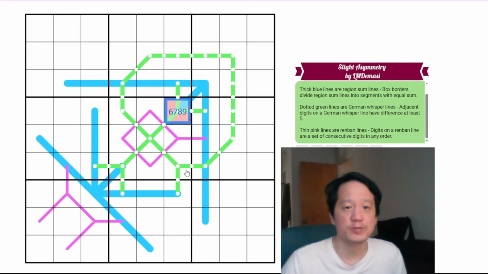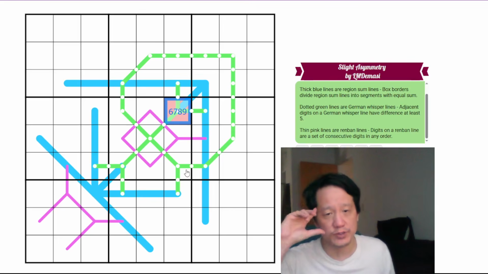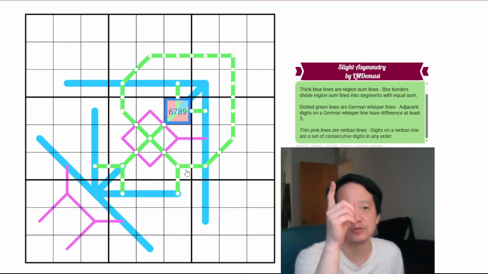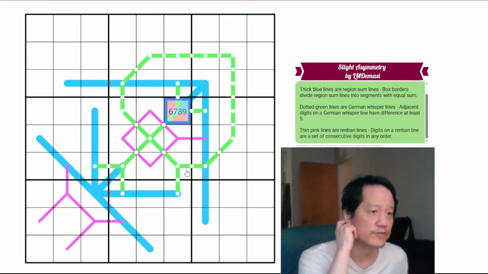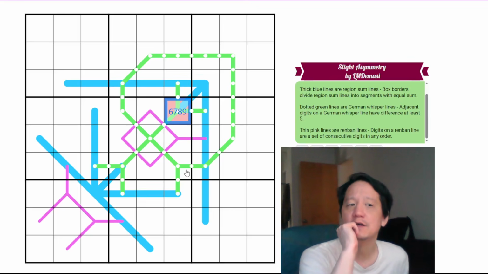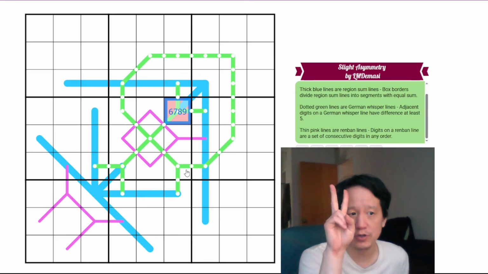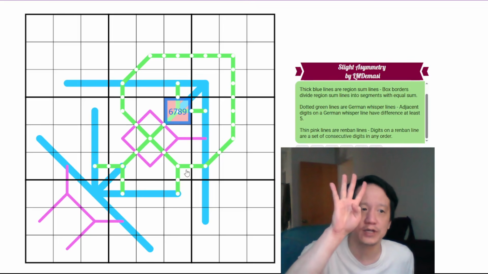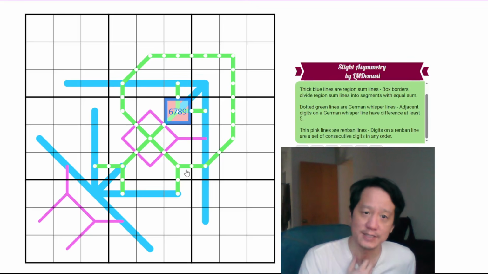Now, on a whisper 5 line, you're always going to alternate between low digits and high digits. Because what digits can be next to a low digit? The low digits being 1 through 4, the high digits being 6 through 9. 1 can be next to 6 through 9, 2 can be next to 7 through 9, 3 can be next to 8 or 9, and 4 can be next to only 9, which are all high digits.